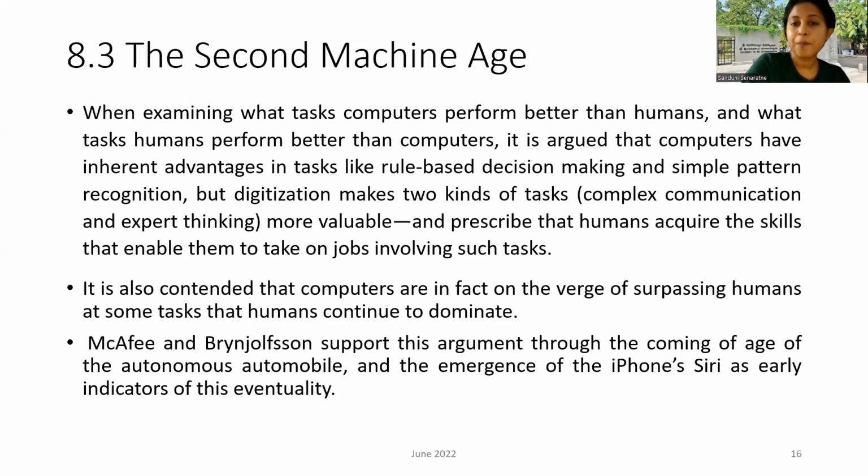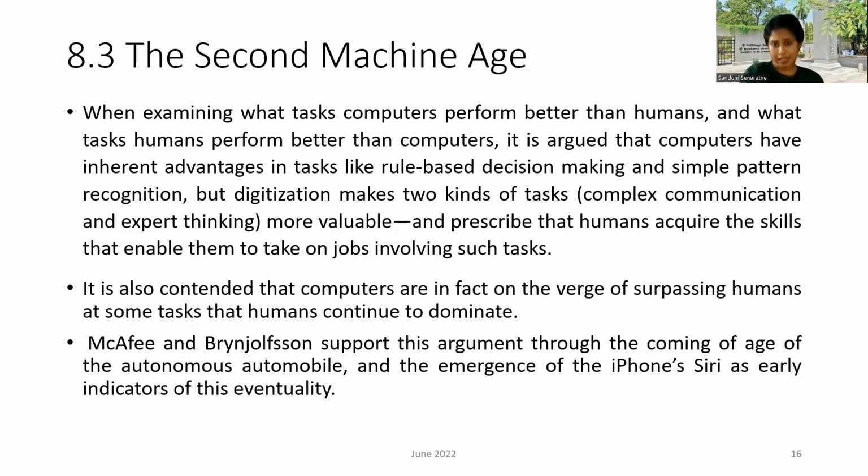So in order to answer, it is argued that computers have inherent advantages in tasks like rule-based decision-making and simple pattern recognition, right? But digitization makes two kinds of tasks more valuable. What are the tasks? Complex communication and expert thinking, and it prescribes that humans acquire the skills that enable them to take on jobs involving such tasks.